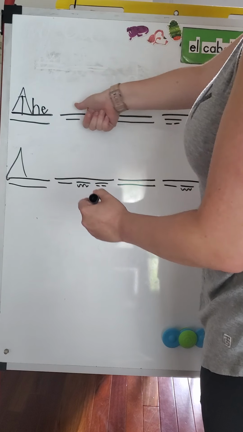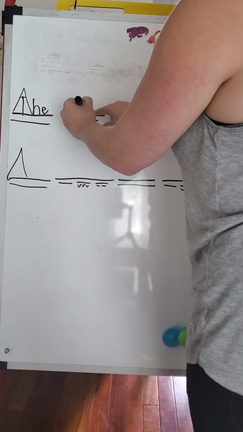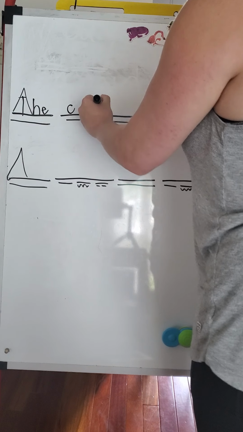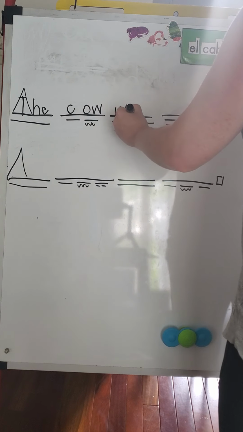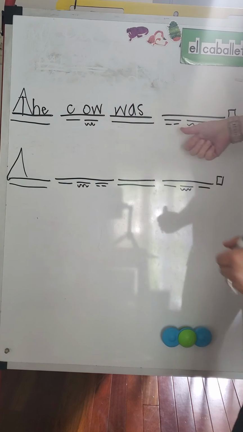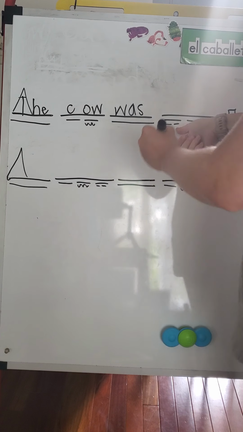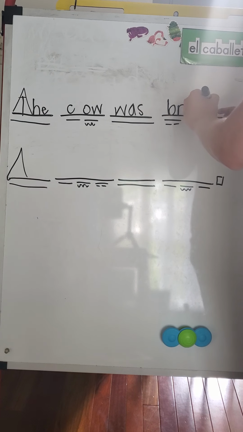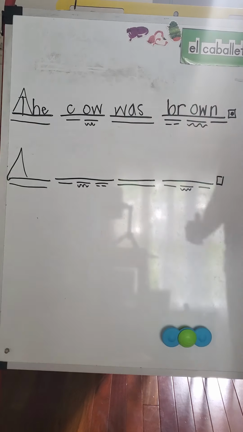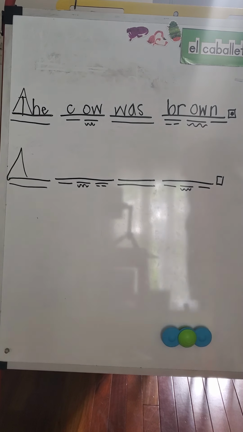The cow, ow. Was is a sight word. Brown, ow. And then I need a period to end my sentence. The cow was brown.